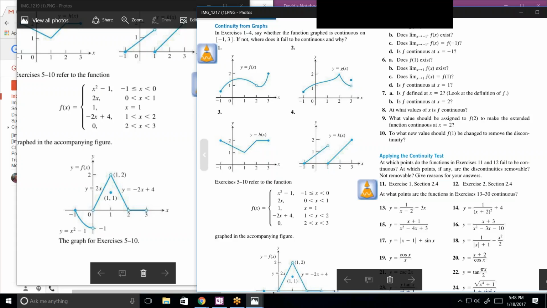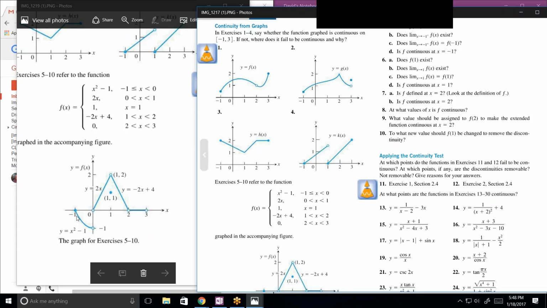Okay, number 8. At what values of x is f continuous? Well, the easiest way to answer this is to say where it isn't continuous. In other words, from -1 to 3, we have numerous places where it's not continuous.